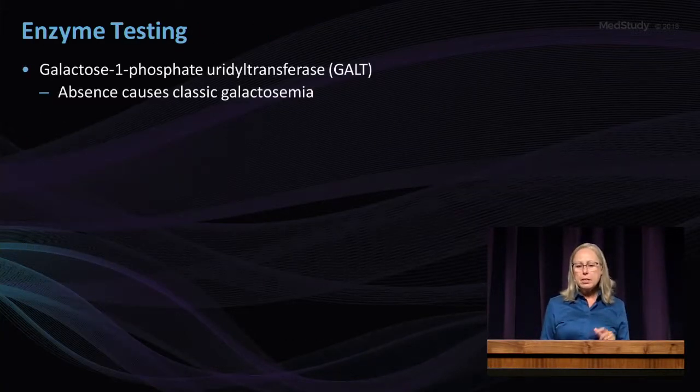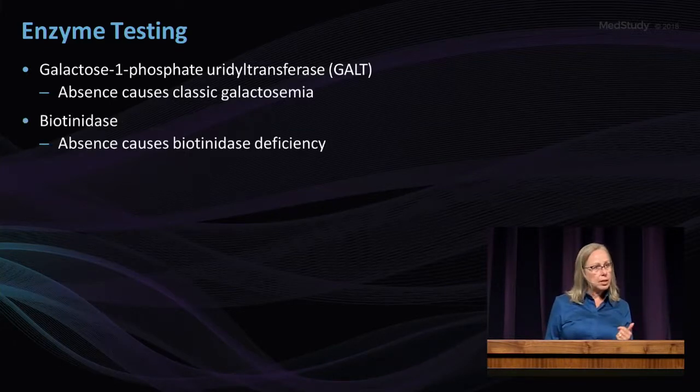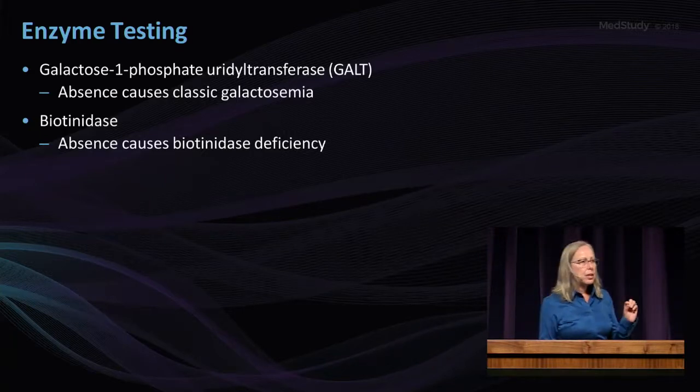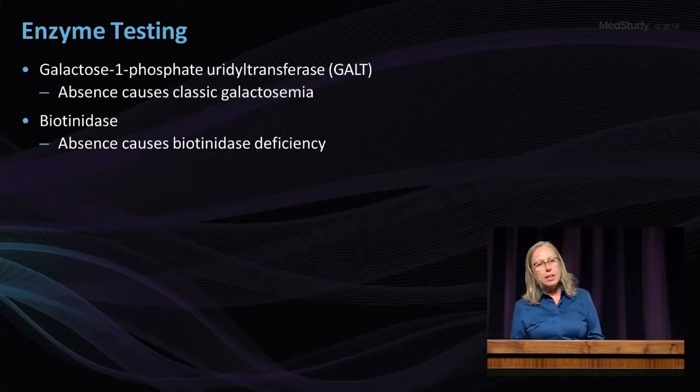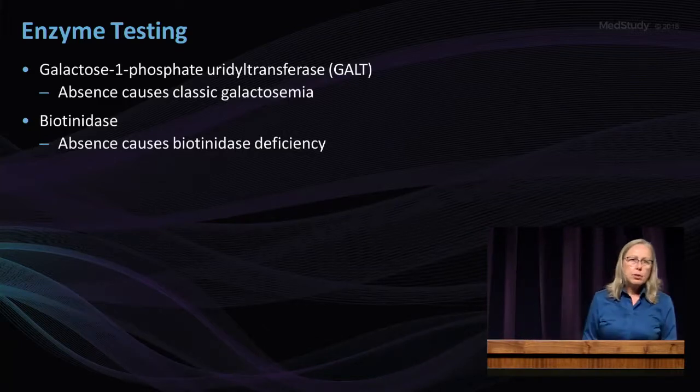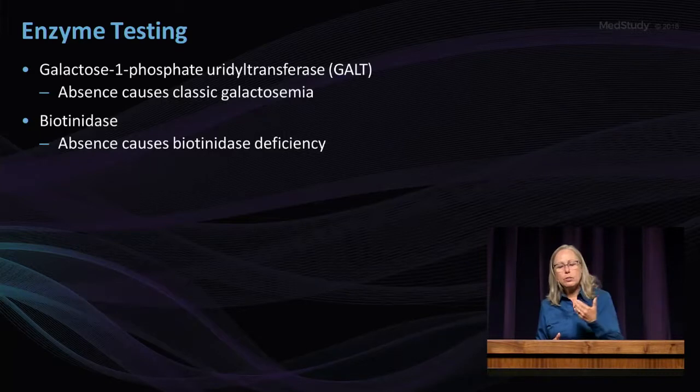Things that are enzyme tests: GALT for galactosemia, and biotinidase, which we did not cover in this, but it will cause biotinidase deficiency. If you're doing enzyme testing and your blood spot card gets caught in the desert or Dallas for a week, and all of your enzymes are now inactivated, and you have multiple enzyme deficiencies, ask where the truck sat for a week.